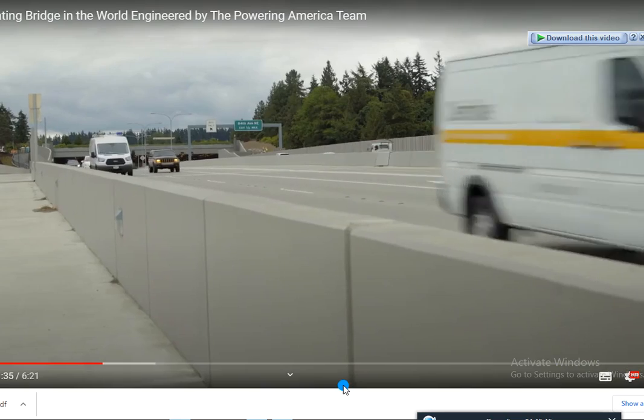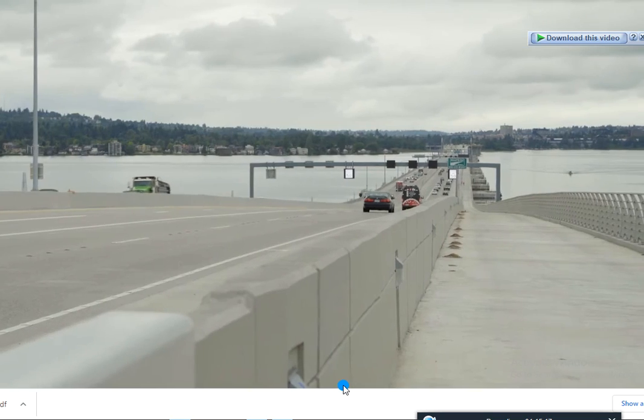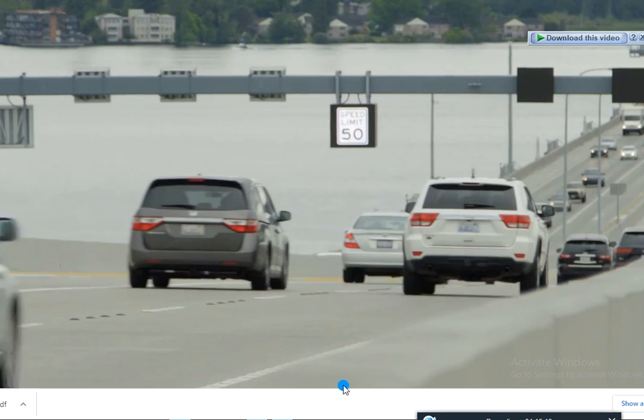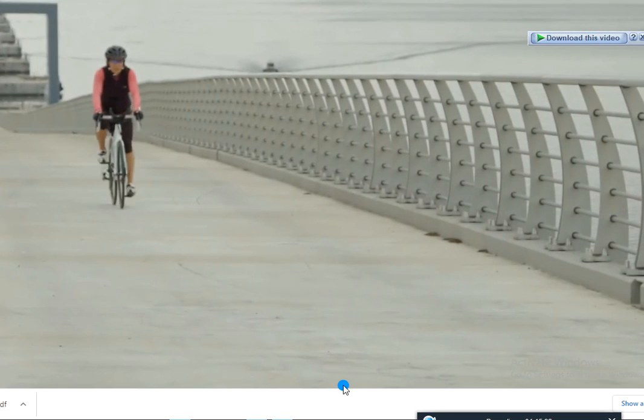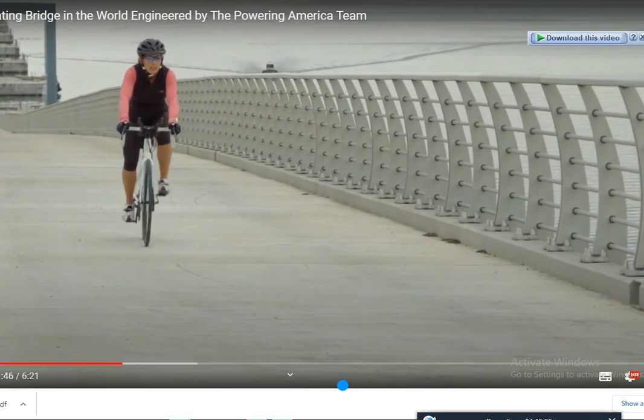So now we've got cars, we've got HOVs, which are high occupancy vehicles, we've got ride shares and buses. We also wanted to connect people who are riding their bicycles or pedestrians. So that's what this bridge does.